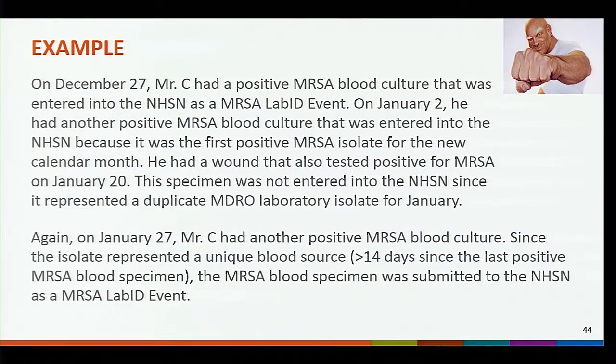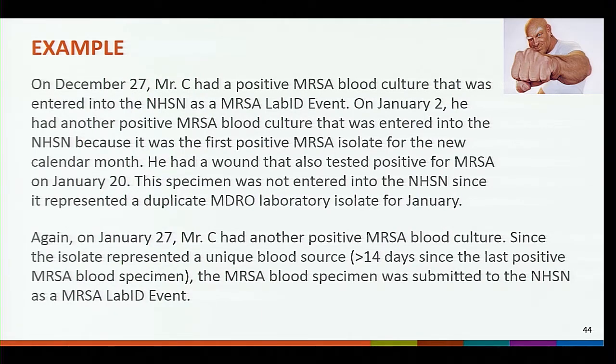Let's do an example. On December 27th, Mr. C had a positive MRSA blood culture that was entered into NHSN as a MRSA LabID event. On January 2nd, he had another positive MRSA blood culture that was entered into the NHSN because it was the first positive MRSA isolate for the new calendar month. He had a wound that also tested positive for MRSA on January 20th.